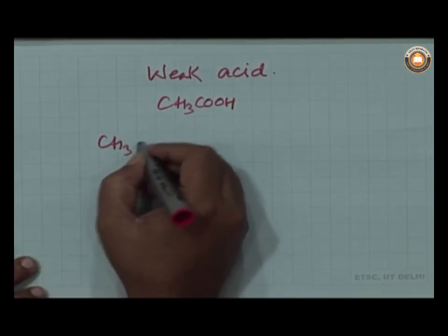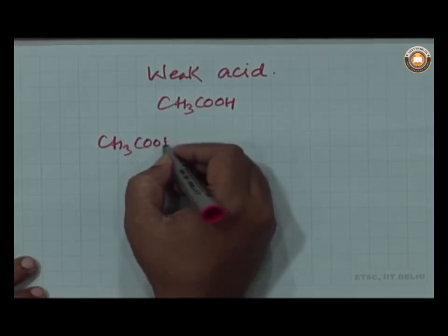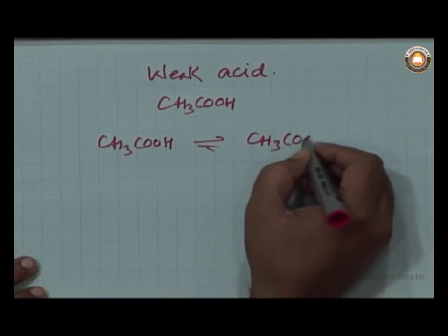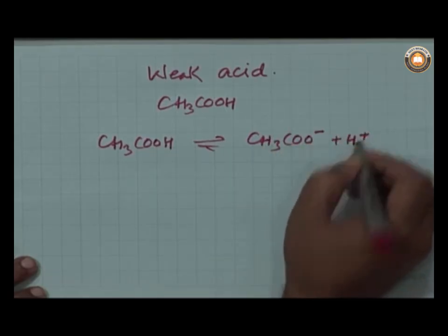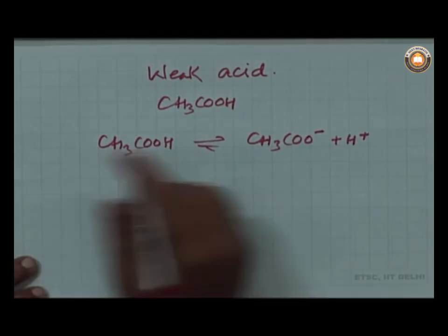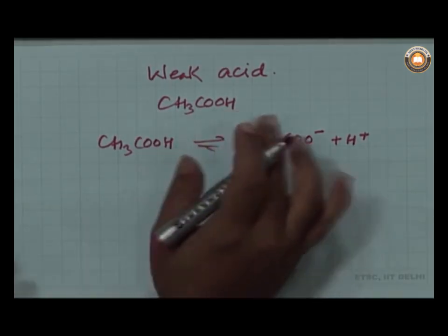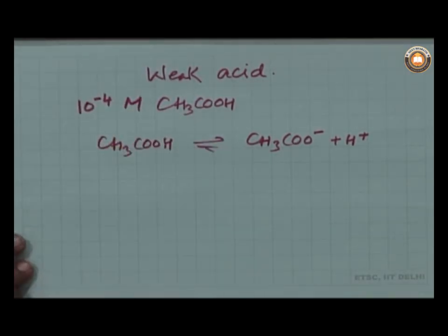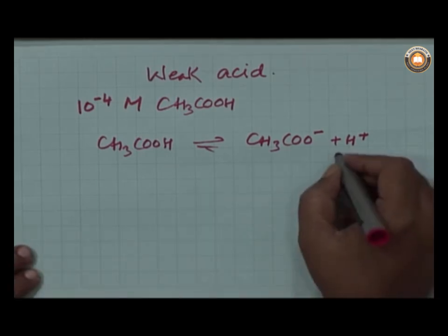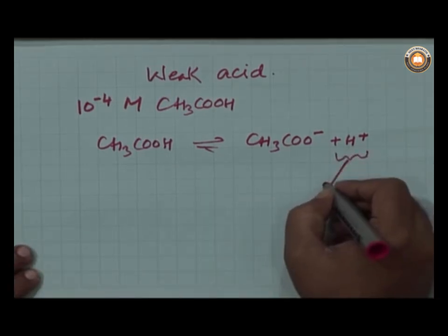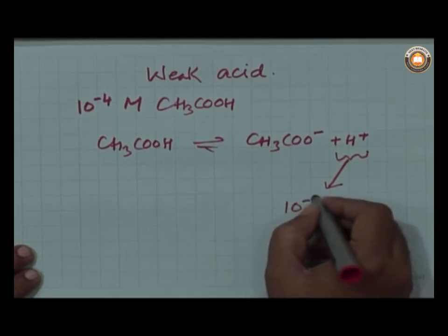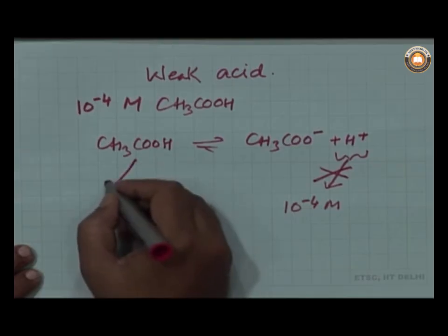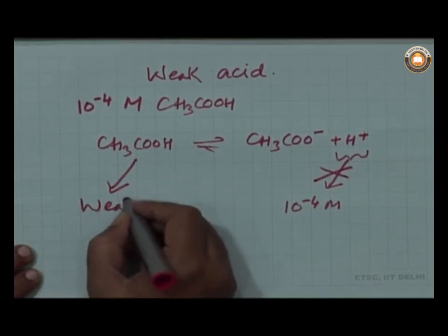In a weak acid, we do not have complete dissociation, it is only partially dissociated. So, if I take 10 to the power minus 4 molar acetic acid solution, I cannot say that H plus ion concentration is 10 to the power minus 4 molar. No, since acetic acid is a weak electrolyte.